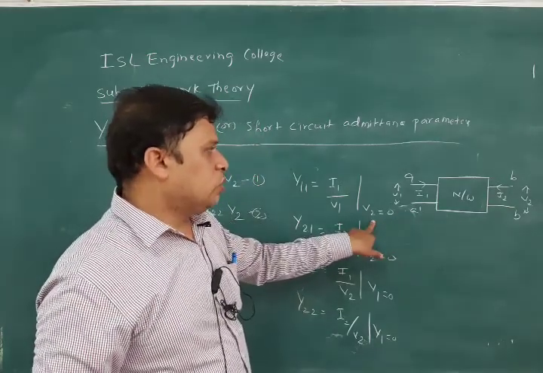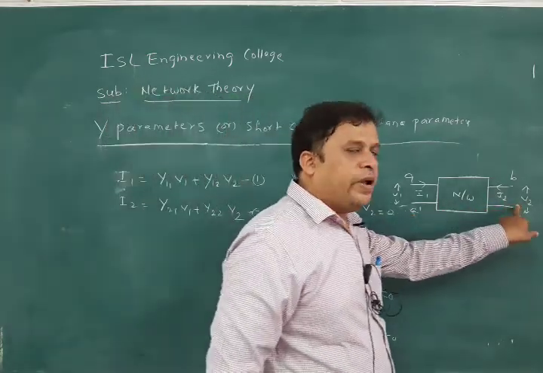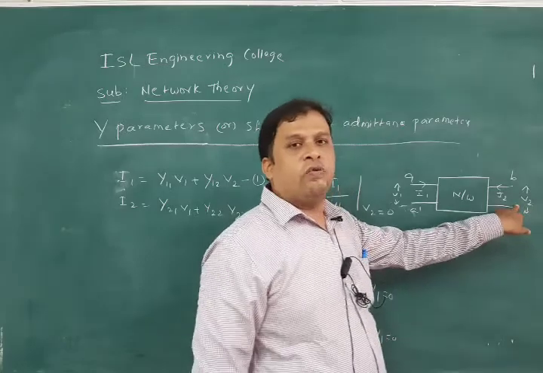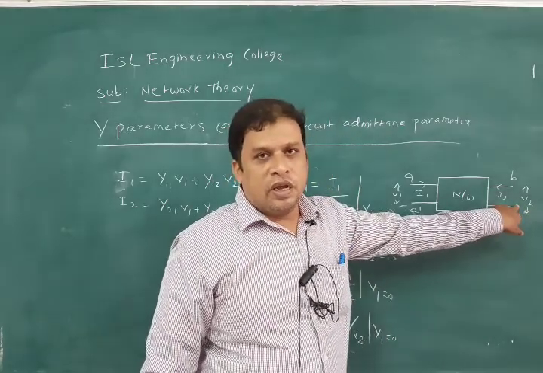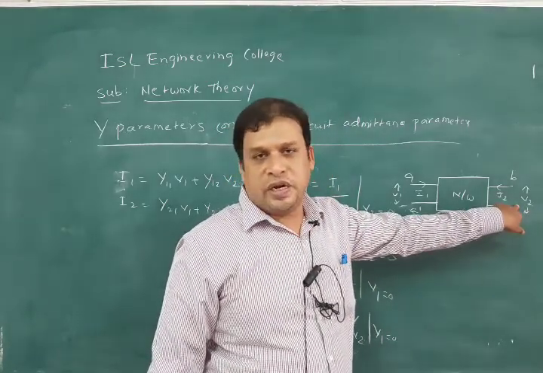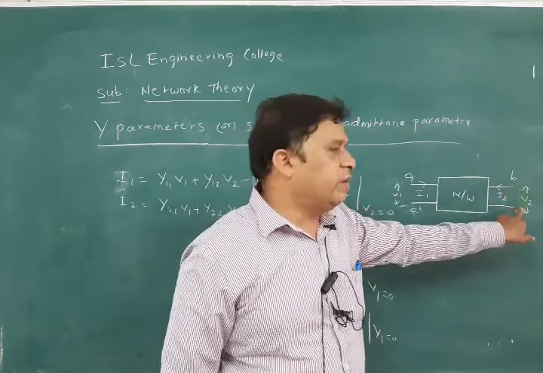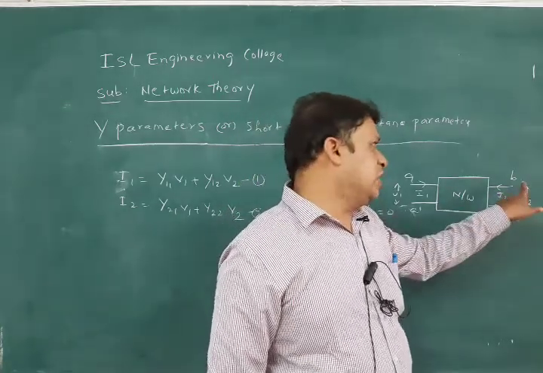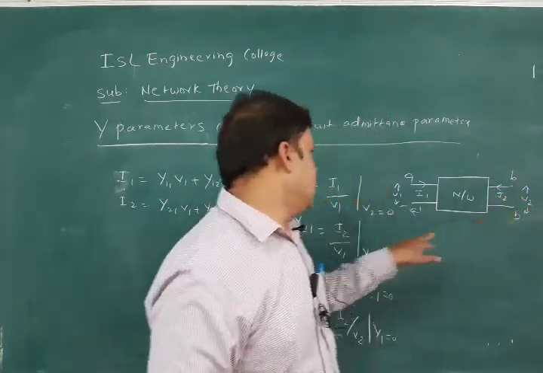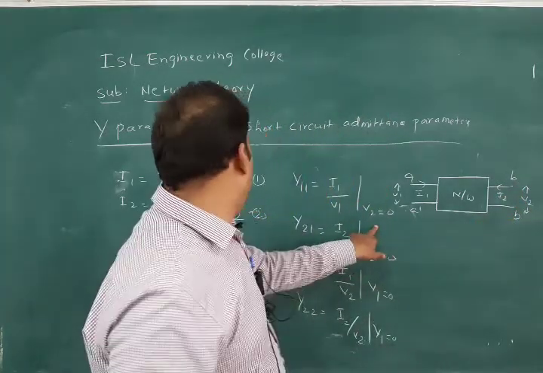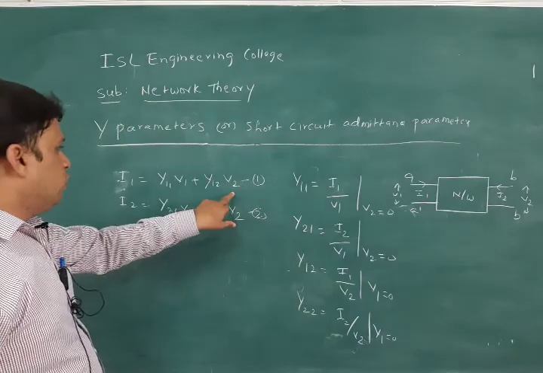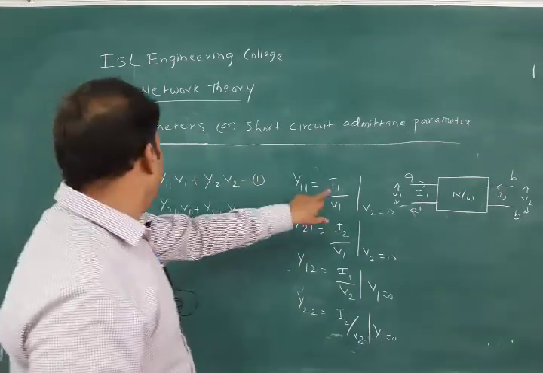If you want V2 equal to 0, there should not be any voltage there, which means a short circuit. If it is open circuit you can measure the voltage, but if it is short circuit only current will flow, not voltage. So with a short circuit, V2 becomes 0, and from this equation Y11 is equal to I1 by V1.